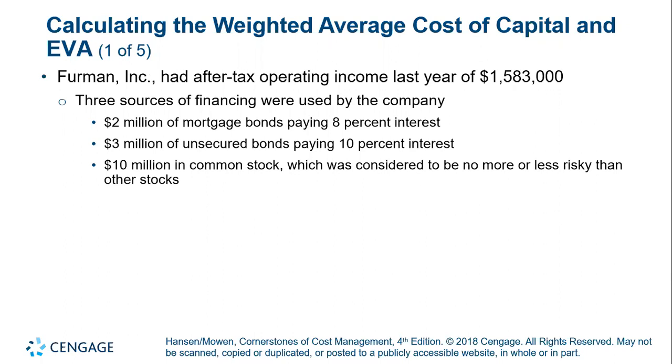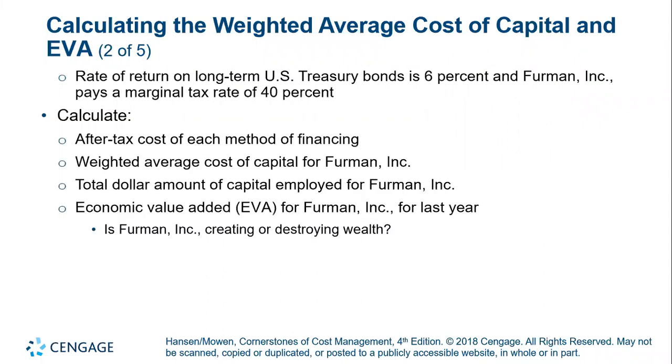Three sources of financing were used: 2 million of mortgage bonds paying 8% per year, 3 million of unsecured bonds paying 10% interest, and 10 million in common stock, which was considered to be no more or less risky than other stocks. So all in all, a total of 15 million.